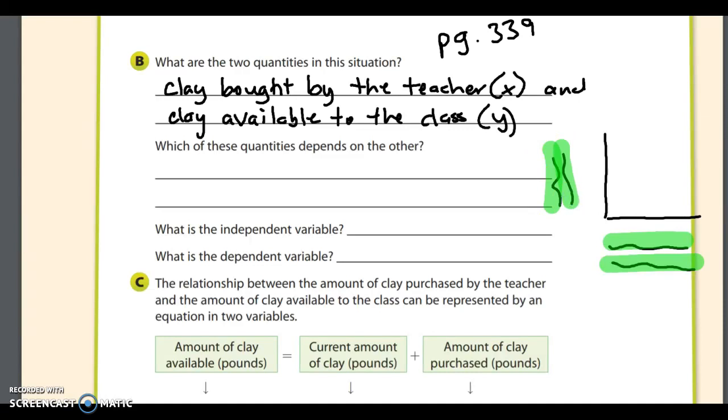All right, so the next question reads, which of these quantities depends on the other? Well, if you think about it, the clay available to the class depends on how much the teacher bought. The clay available to the class, I think I spelled available wrong. I'm going to fix it.